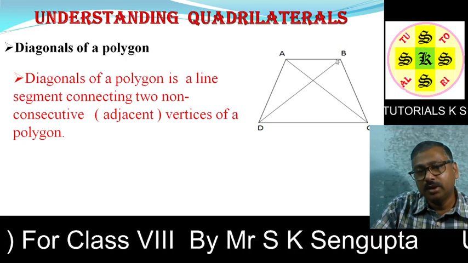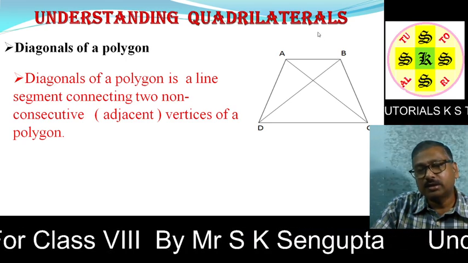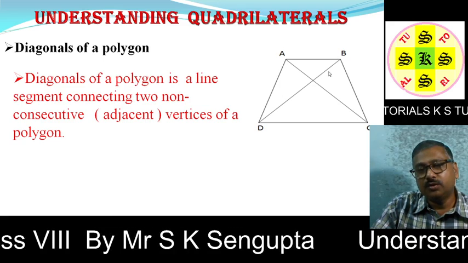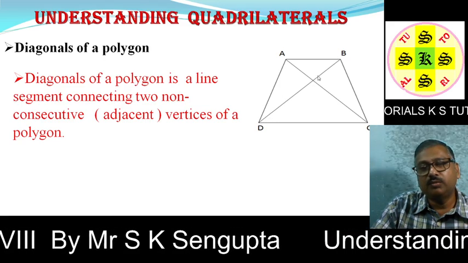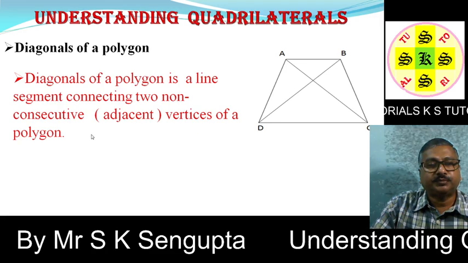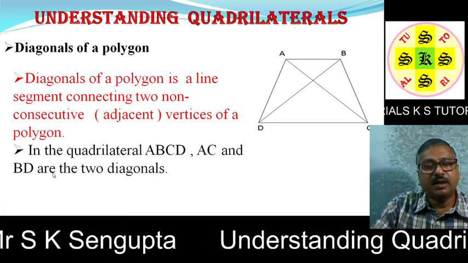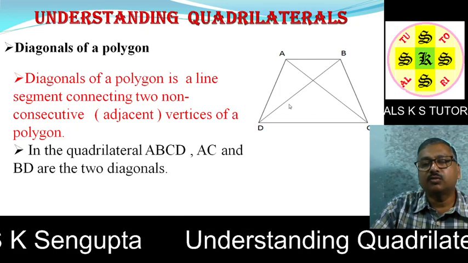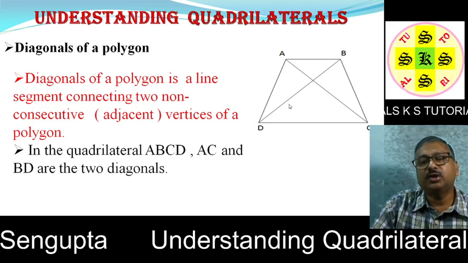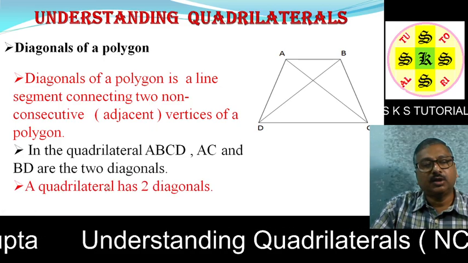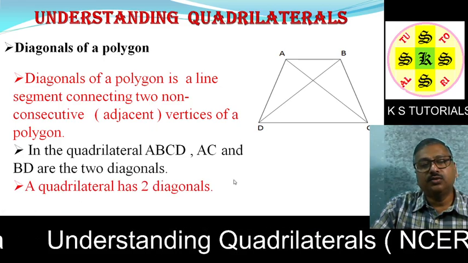Similarly for B, BA and BC are adjacent, so we join B to D, and BD is another diagonal. In the quadrilateral ABCD, AC and BD are the two diagonals. A quadrilateral has only two diagonals.